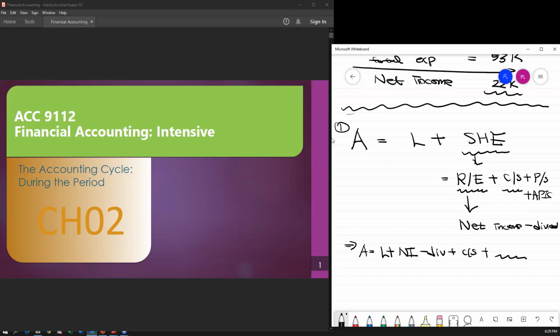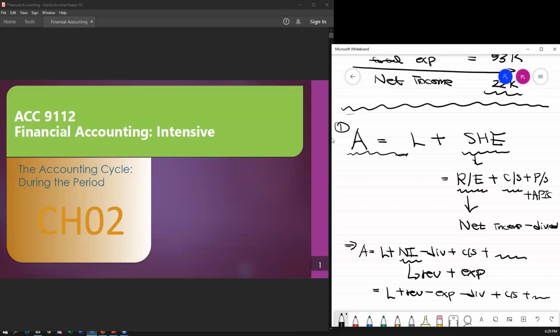Now, if I expand this equation even further, net income equals revenues minus expenses. So in another full form, that equation becomes assets equals liabilities plus revenues minus expenses minus dividends plus common stock plus other items. At this point you need to be able to keep track of the flow of these equations.